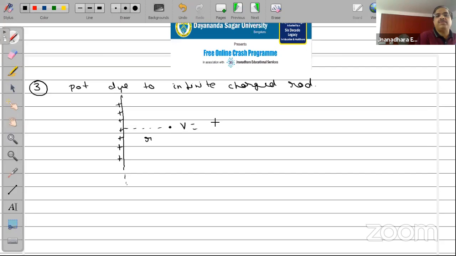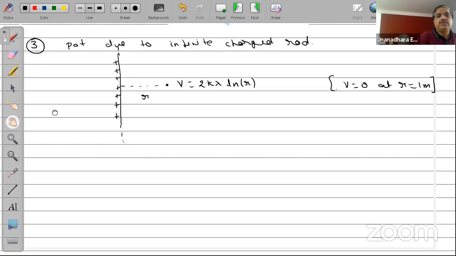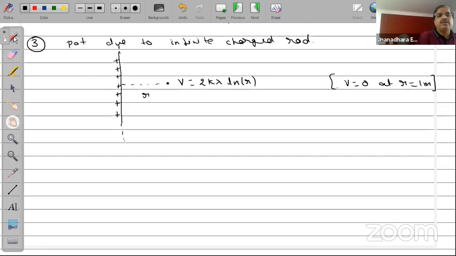Then the potential will be equal to 2k lambda into log R. Here V is taken to be 0 at R equals 1 meter. So this is information that you should always know, where lambda is the charge per unit length of this rod.